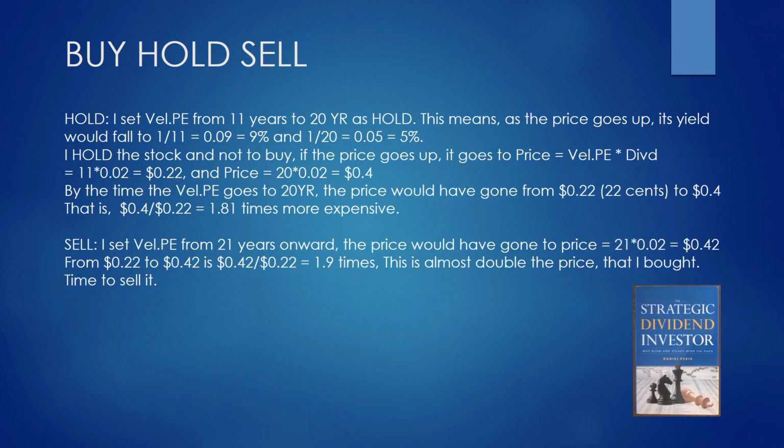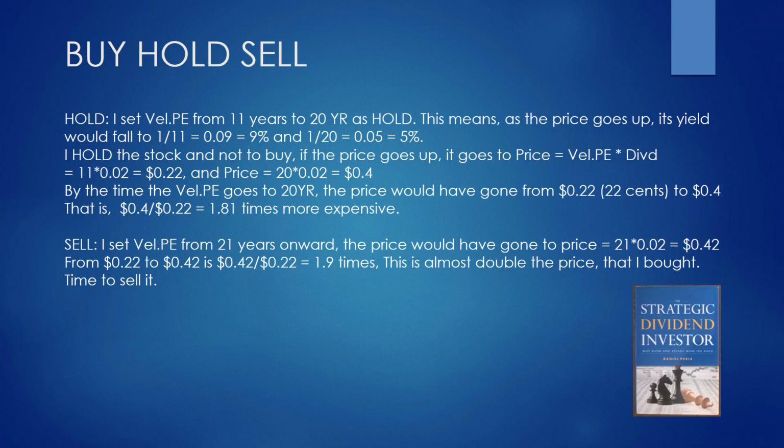If the price goes up, it goes to price equal to velocity PE times dividend equal to 11 times 0.02 equal to $0.22, and price equal to 20 times 0.02 equal to $0.4.